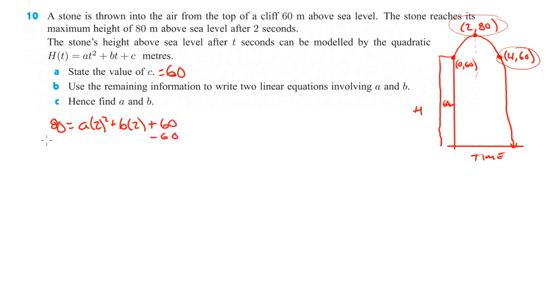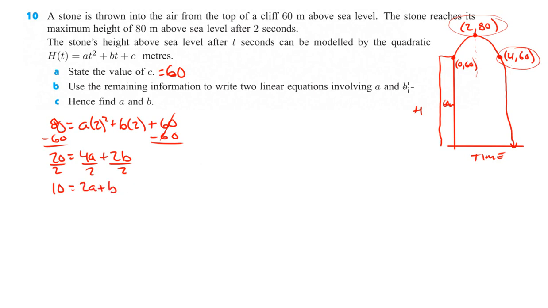Let's simplify this, subtract 60 from both sides. And we get 20 equals, 2 squared is 4, so that's 4a plus 2b. It looks like we can divide all of these evenly by 2 to simplify a little bit, and we get 10 equals 2a plus b.